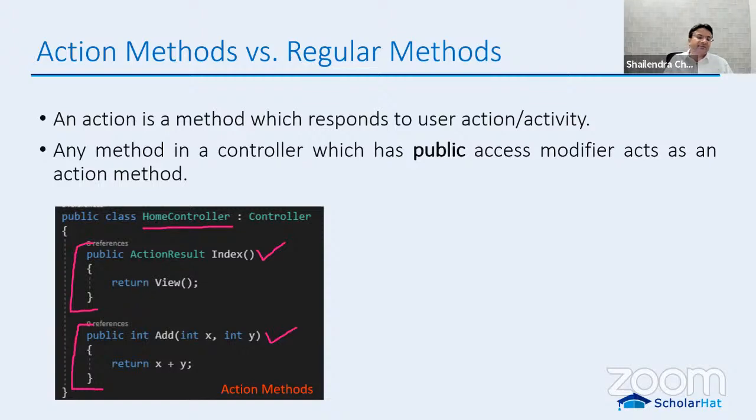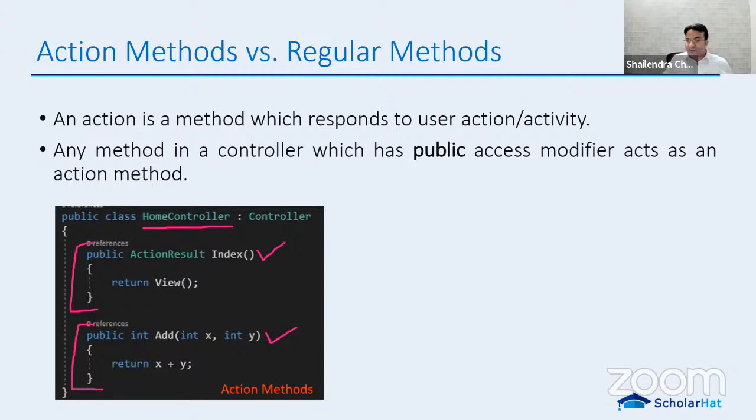Okay, so when it comes to the action, how will you define what the actual definition of an action is? You first need to understand what an action is. An action is a method inside a controller class which responds to user activity. Any method which responds to user activity will be known as an action method.